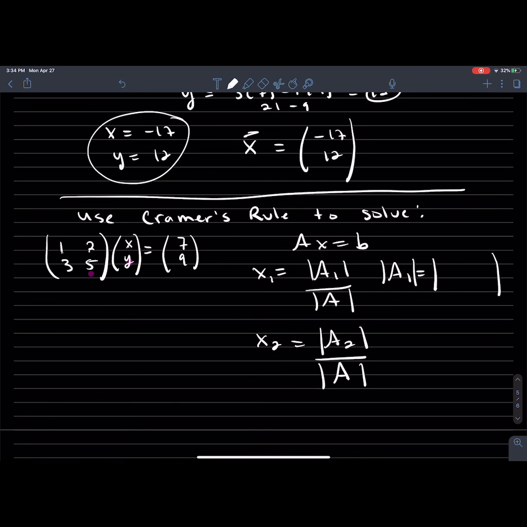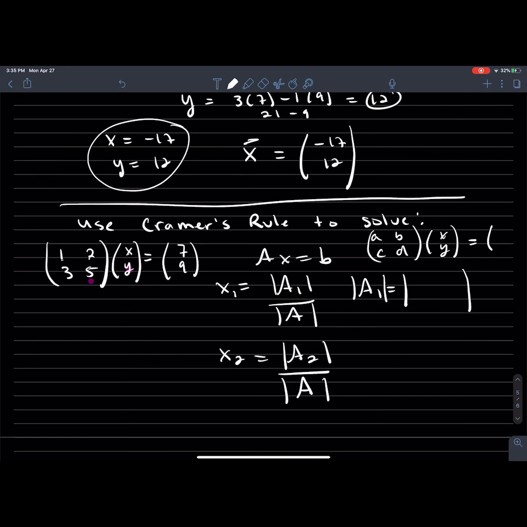So a1 is the matrix. In general, when you have a, b, c, d times x, y equals e, f, a1 is where you replace the first column, a, c, with e, f.